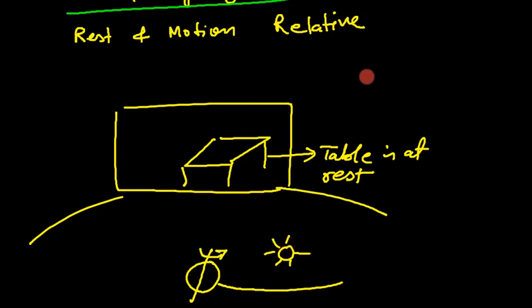So if you are in this space, say there is a satellite here and you are standing here, you will see that the motion of the table also includes motion of earth. So unless stated otherwise, when we discuss motion, we generally mean that it is the motion with respect to the surface of earth.